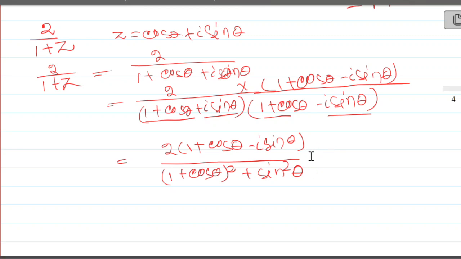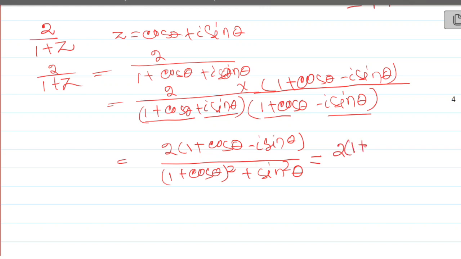Now 2 into (1 plus cos theta) can be written using the cos 2 theta formula as 2 cos square theta by 2, and using the sin 2 theta formula, minus 2 I sin theta by 2 cos theta by 2.